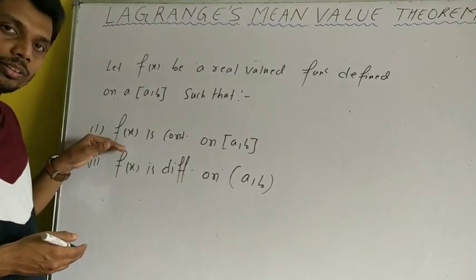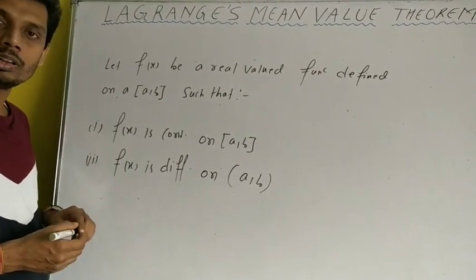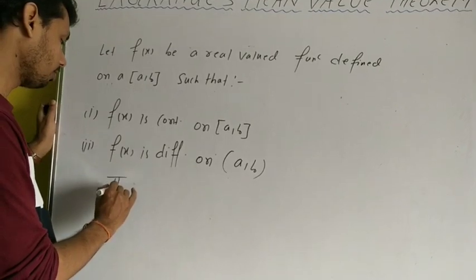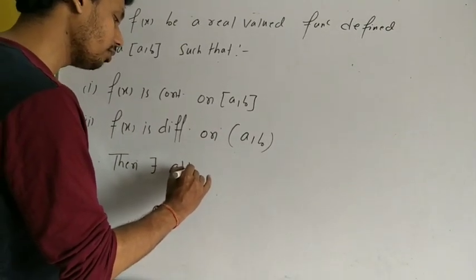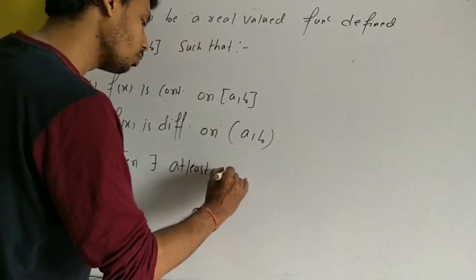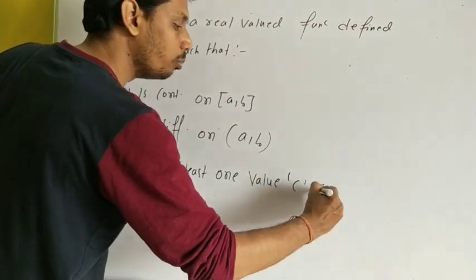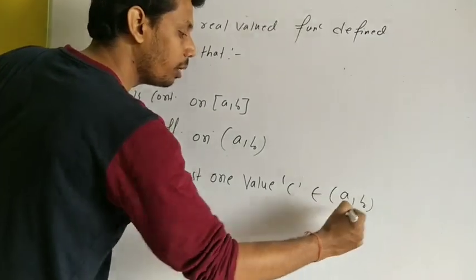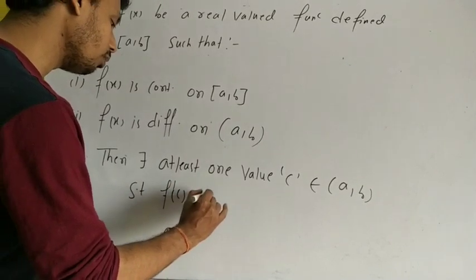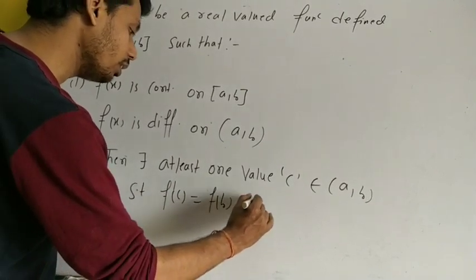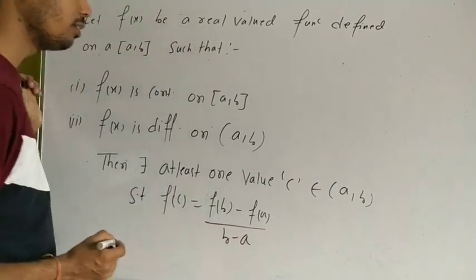Fx should be continuous in the closed interval a, b, it should be differentiable in the open interval a, b, then there exists at least one value c belonging to the open interval a comma b such that f dash c is equal to f of b minus f of a upon b minus a.